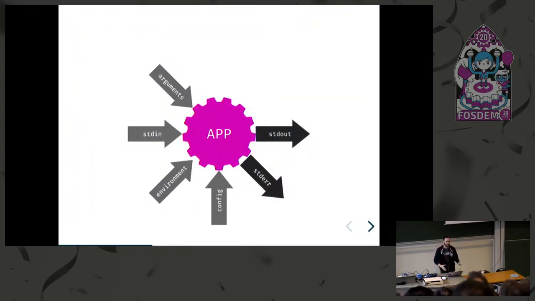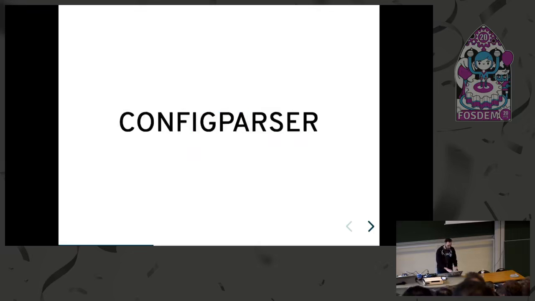So usually when we deploy a service or application, we have the code base, and it usually doesn't change. And then we have the configuration, which usually changes from deployment to deployment, and we want to keep it in a separate place. Usually we use configuration files for database connection, for example.